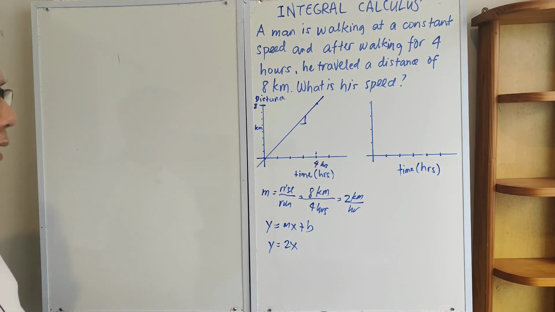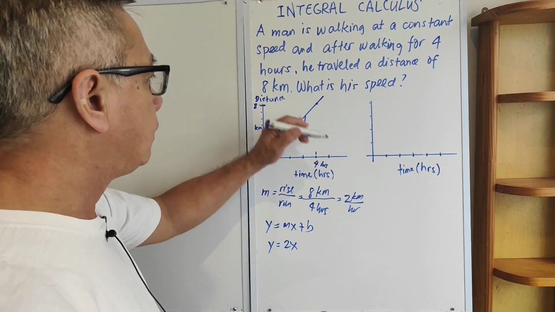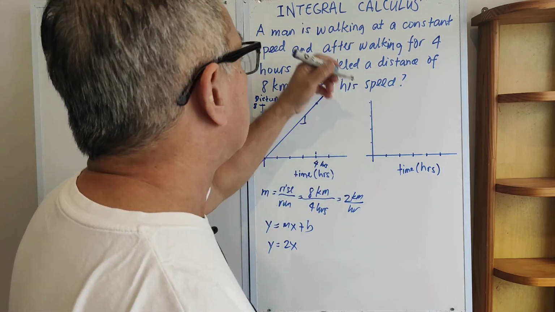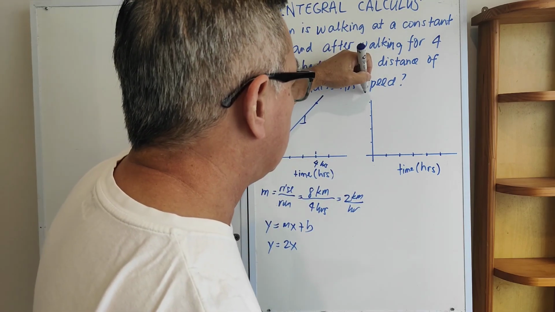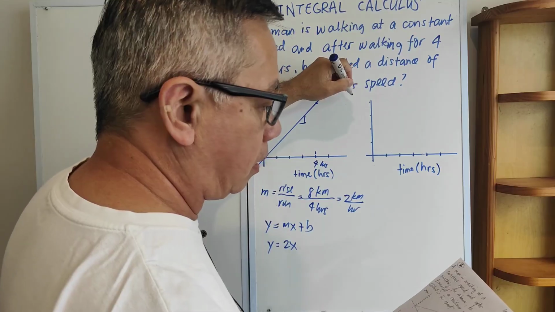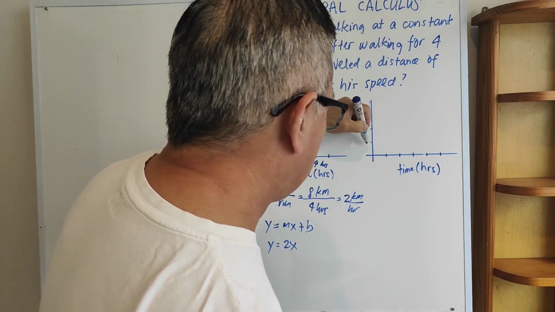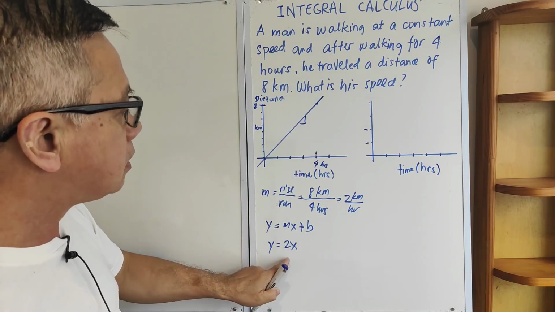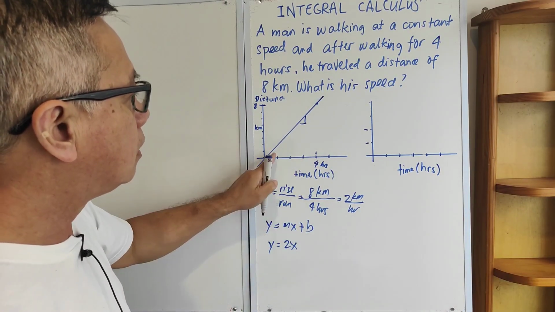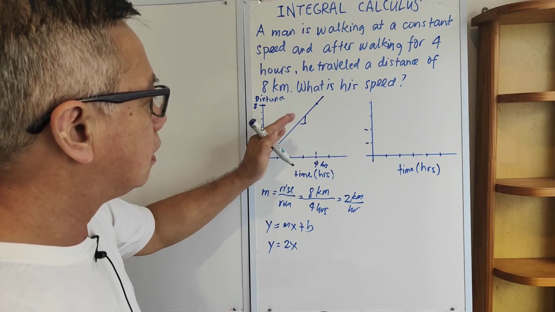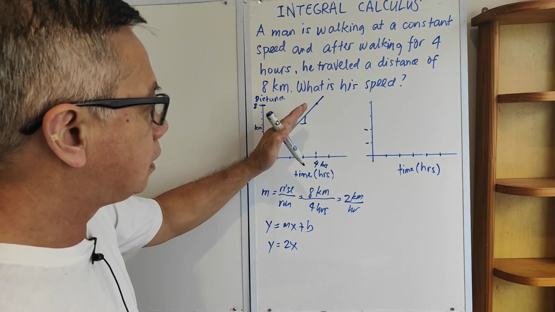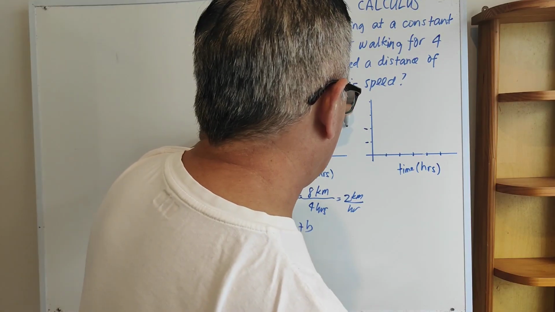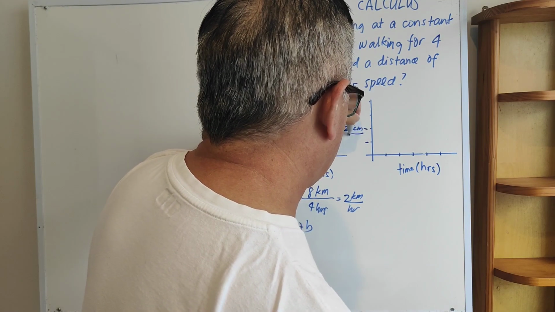Now we can also graph this in terms of the speed and time. So let's say this is the speed in kilometers per hour. So let's say 1, 2. So the speed is constant at 2 kilometers per hour. The slope is not changing, it's not curving. So it's constantly at 2 kilometers per hour.